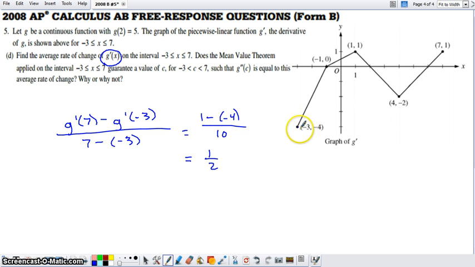If you think about it, the slope of this line segment right here would be, let's see, to get from this point to this point, a rise of 1, 2, 3, 4 over a run of 2. So the slope of this line segment would be 2. So the value of g double prime is 2 on this interval. And we have a rise of 1 and a run of 2 here, so the slope of this other line segment is 1/2, and hence g double prime is equal to 1/2 on this interval.